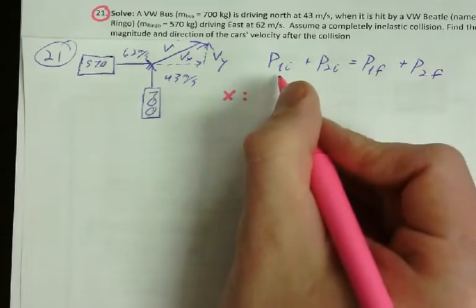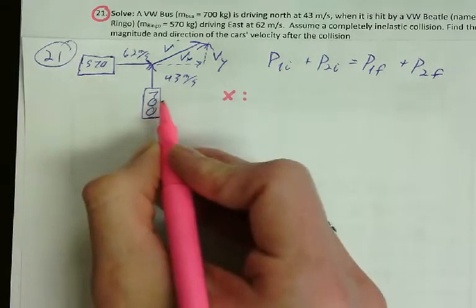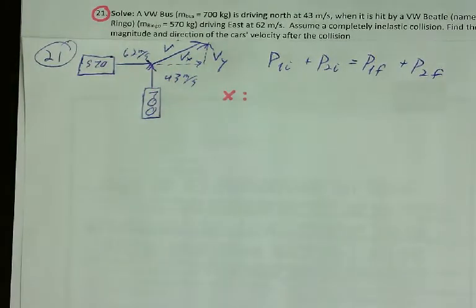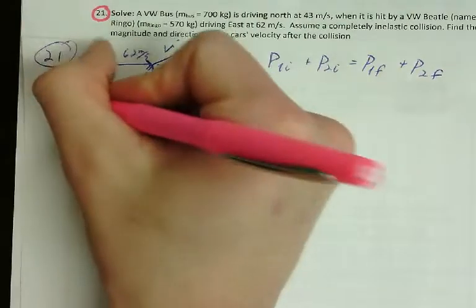So the initial of 1 in the x is, I'm going to go ahead and use Ringo's car to the east as 1. It doesn't matter which is 1, doesn't matter which is 2. Okay? So momentum, P equals mv.